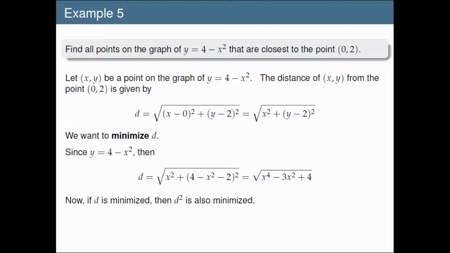Let f of x equal d squared, or f of x equals x to the fourth minus 3x squared plus 4. Kukunin natin yung derivative nito and then we get the critical numbers for this function.